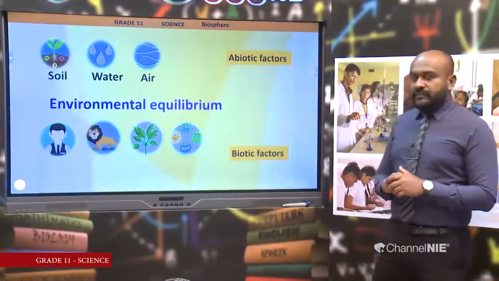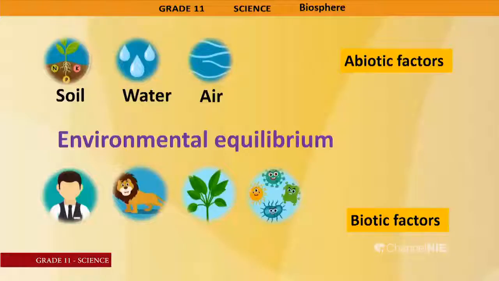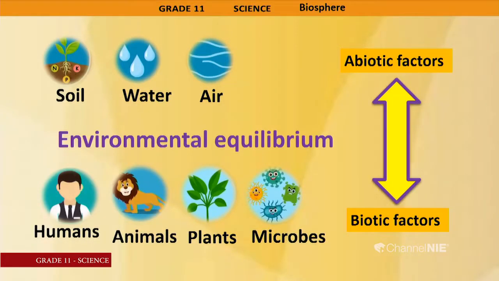Now, you can see environmental equilibrium. To maintain the balance of the environment, there should be continuous interactions between biotic and abiotic factors. So, you can see how environmental equilibrium is maintained, that is as a result of interactions between biotic and abiotic factors.